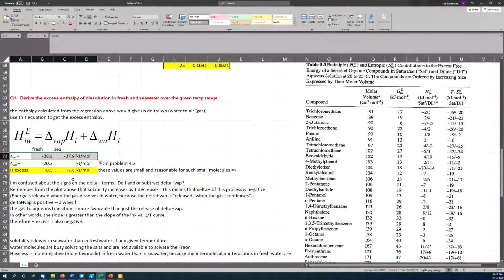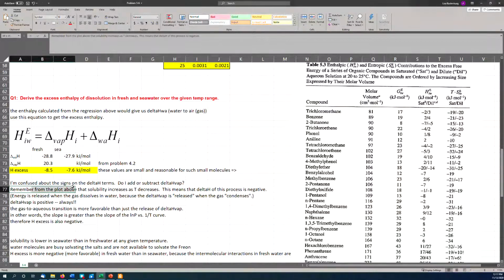Well, again, the key is to think a little bit just in terms of absolute magnitudes: these numbers are greater than this number in magnitude. Forget about the sign, just focus on the magnitude. It takes more energy to get this compound into the water from the gas phase than it does to get it from the gas phase into the condensed liquid phase, the pure liquid phase.